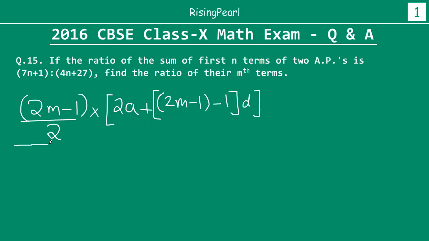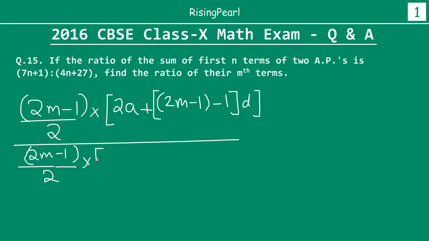This entire thing is divided by 2m minus 1 by 2 times 2 times p plus 2m minus 1 minus 1 times q.